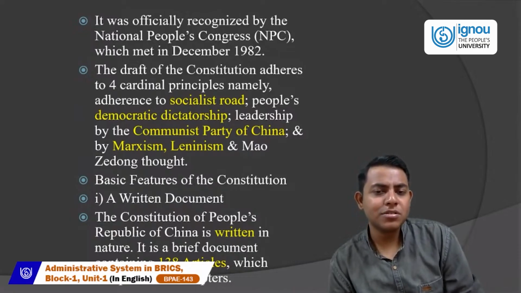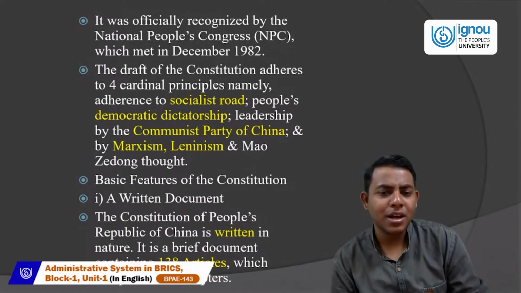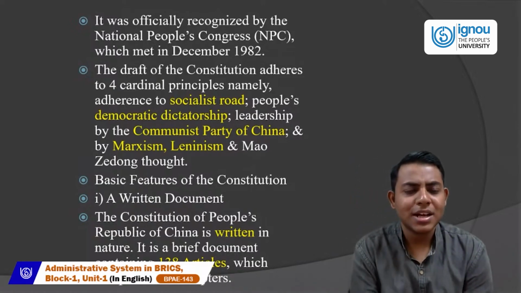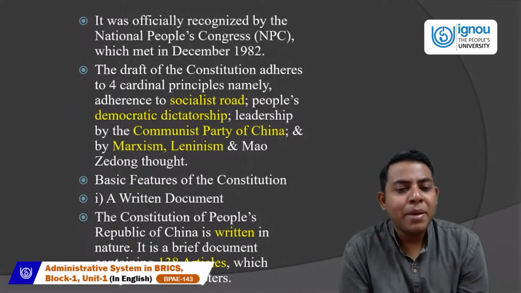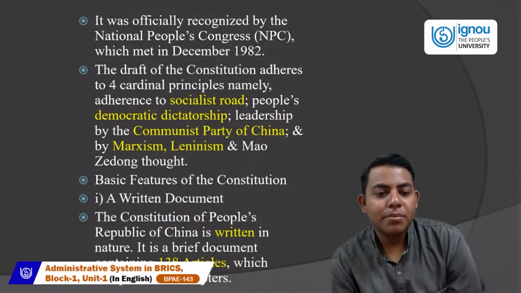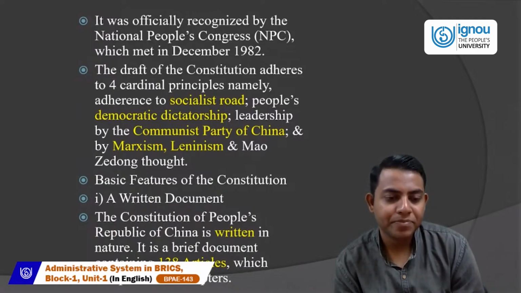And the draft of the constitution adheres to four cardinal principles. What are the four cardinal principles? The first is adherence to the socialist road. The second is people's democratic dictatorship. The third is leadership by the Communist Party of China. And the fourth is Marxism, Leninism, and Mao Zedong thought.